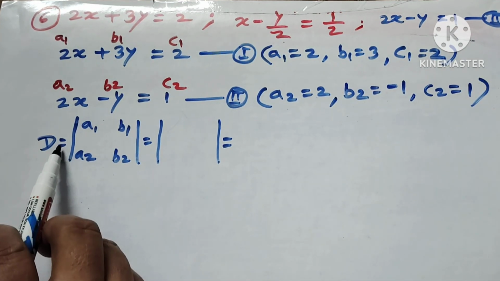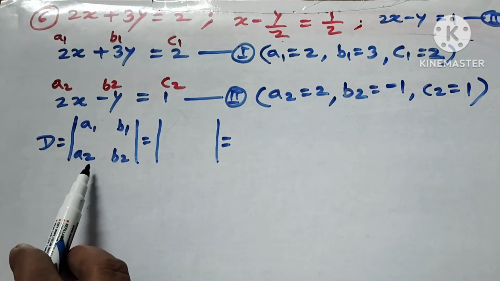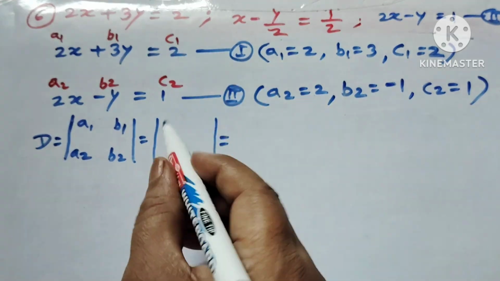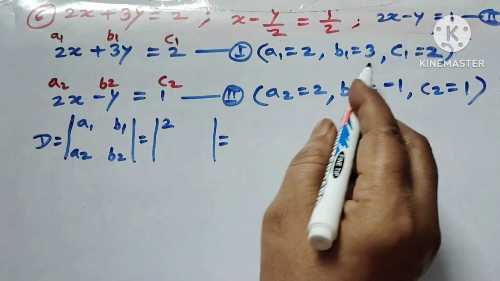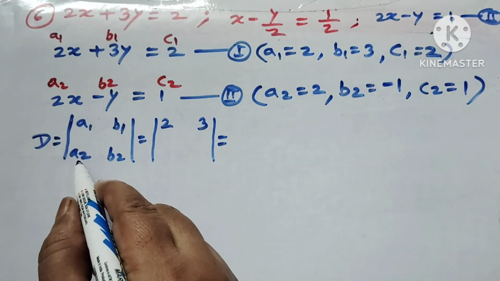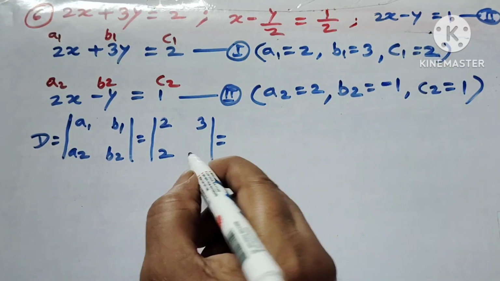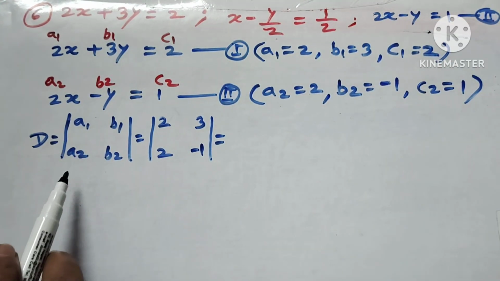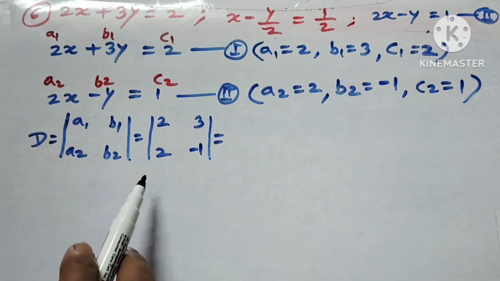D is equal to A1 B1, A2 B2. A1 is equal to 2, substitute the value. B1 3, A2 2, B2 minus 1. Put the value up.